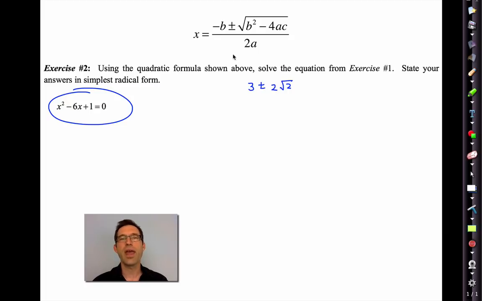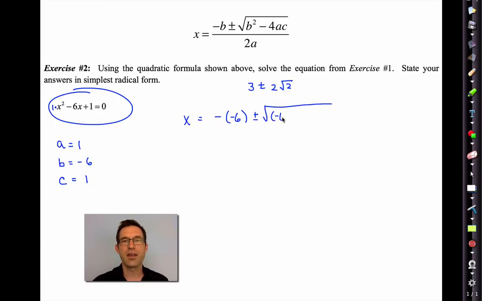Well, we have to know what a, b, and c are. A is always the coefficient multiplying x squared, and it's often 1, but not always. A is 1 here. B, on the other hand, is negative 6, and c is also 1. All right, so a, b, c. Let's do it. x equals negative b, negative negative 6, plus or minus the square root.